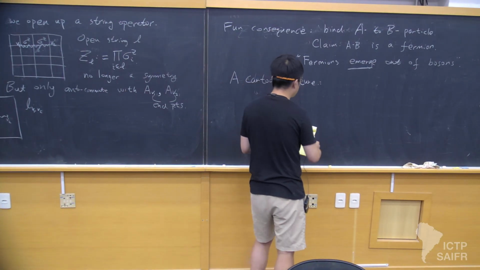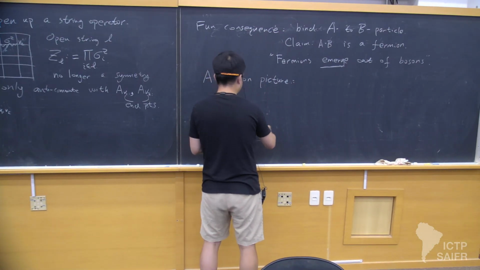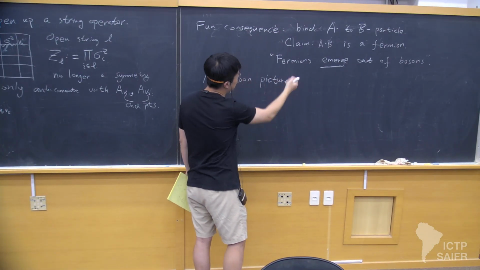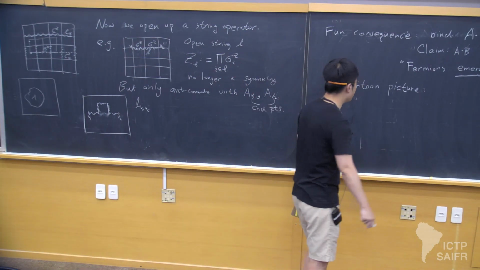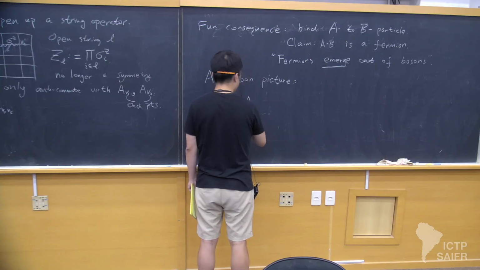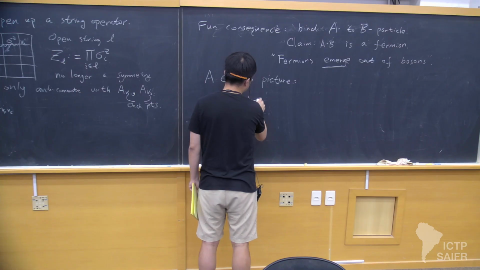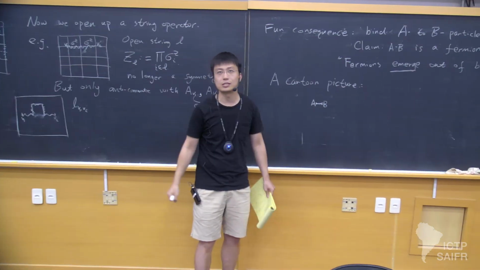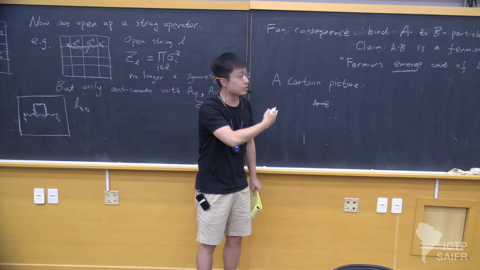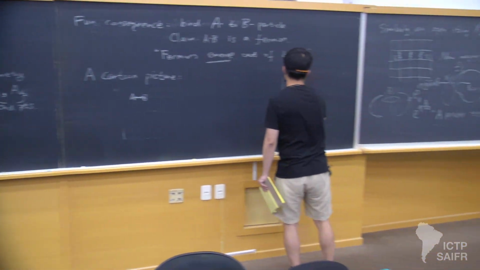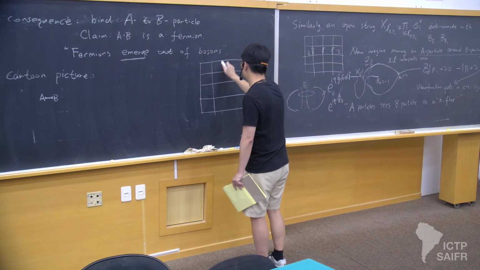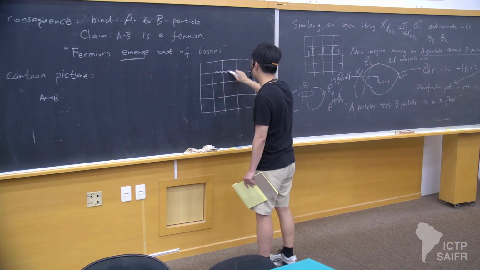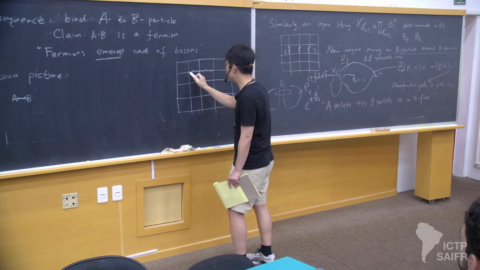Let me pictorially think about what I mean by A bound to B. What I really mean is let me put an A particle here, let me put a B particle here, and they're at different locations, but let's say I bind them together so that they don't get too far separated. On the lattice, you can literally draw this, because on the lattice an A excitation looks like this, and a B excitation looks like this.